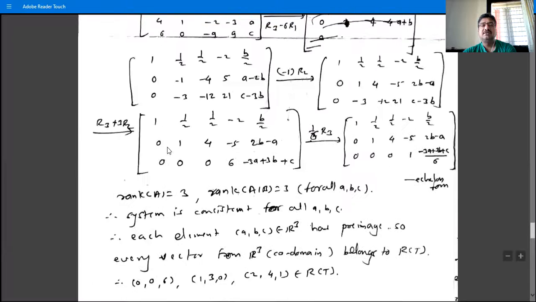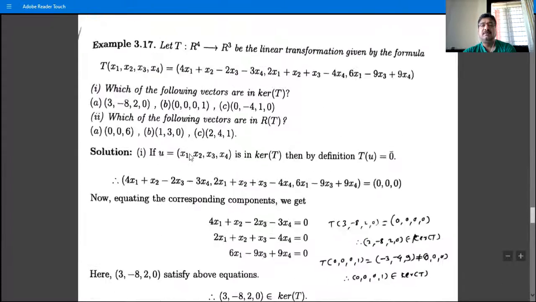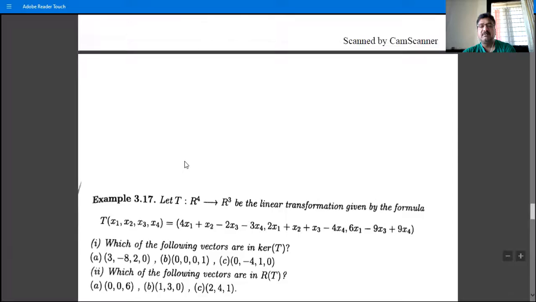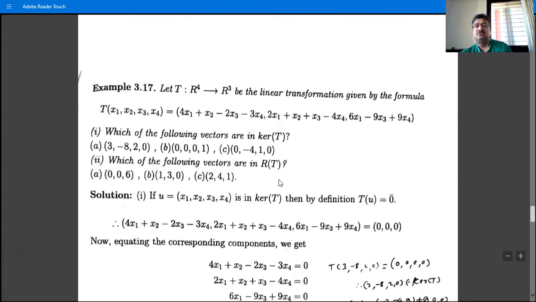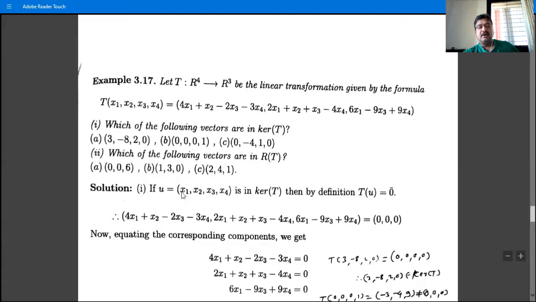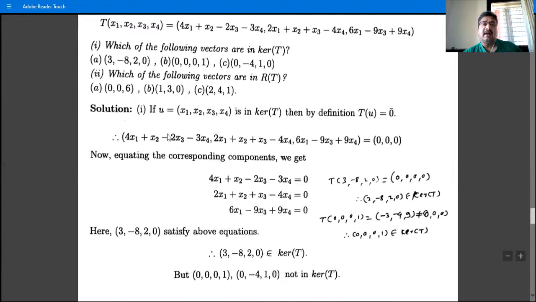So solve all these exercise problems, whether the vector belongs to the kernel of T, whether the vector belongs to the range of T. When the vector belongs to the kernel of T, its image under that function is 0. And when the vector belongs to the range of T, it has a pre-image. Suppose we apply another method. Suppose this vector has the pre-image (x1, x2, x3, x4).